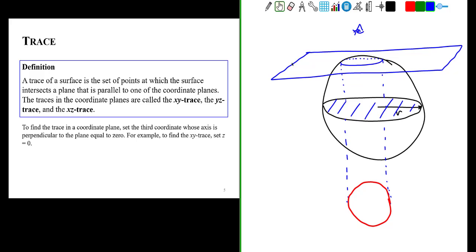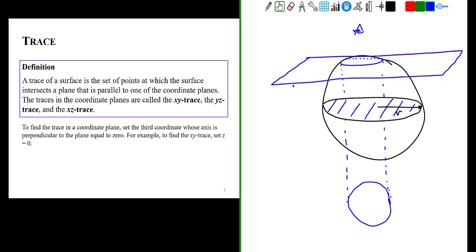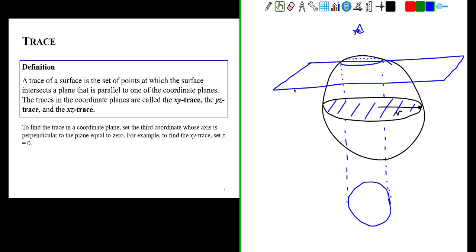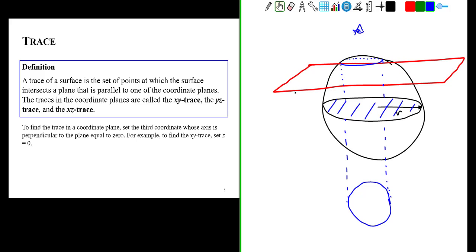Let's take our plane and move it to another spot. We will maybe move it right down here. When we move our plane right down there, it's going to slice out another circle.